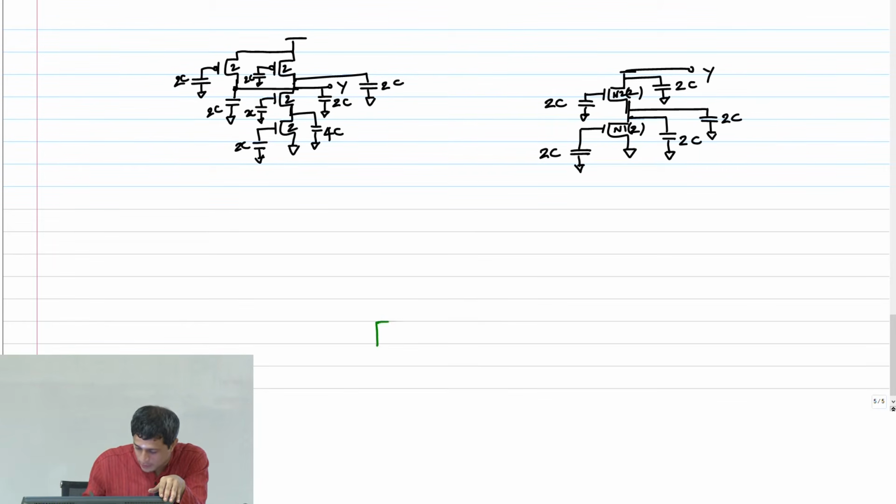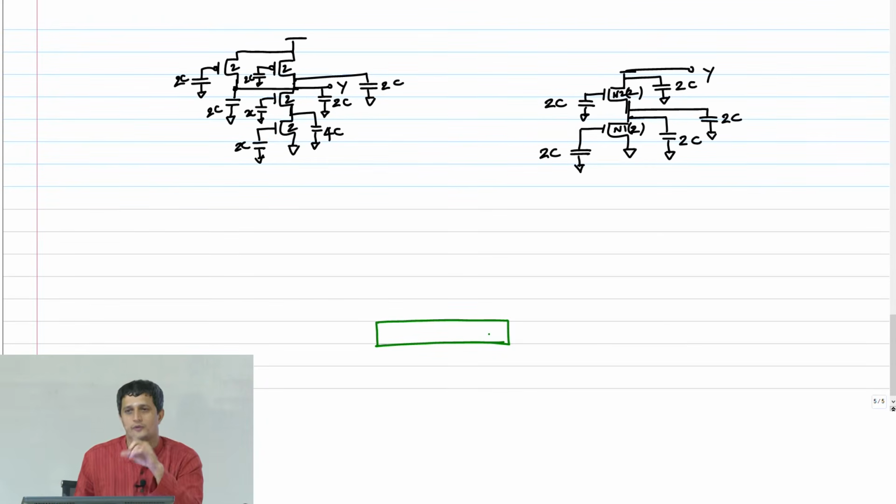So what I'm going to do is I'm going to now go to the layout of this NAND gate. Okay. So I have a width of 2W here and I have two gates. Right. These are my two NMOS transistors which are in series.